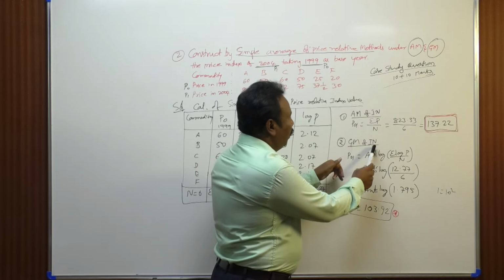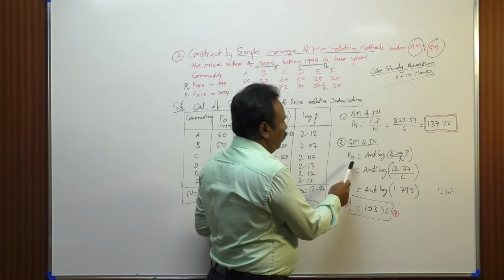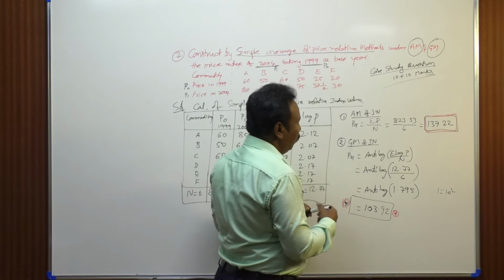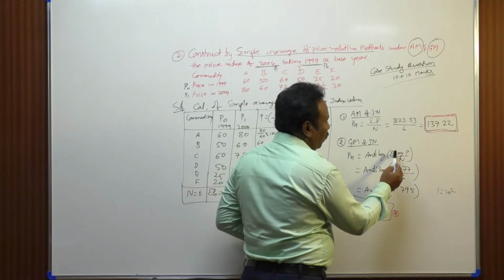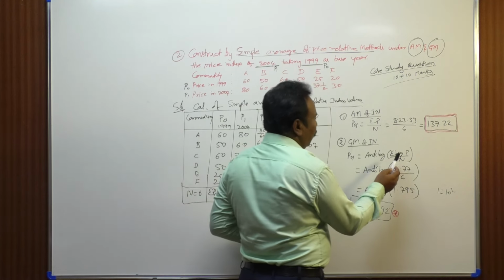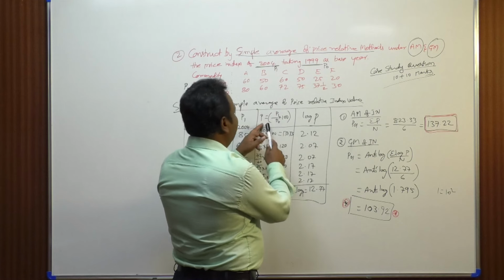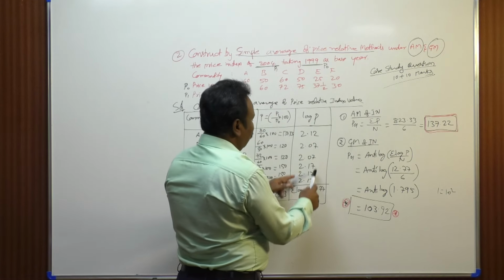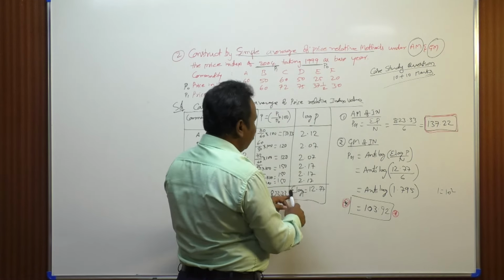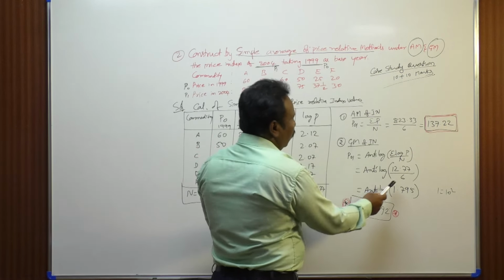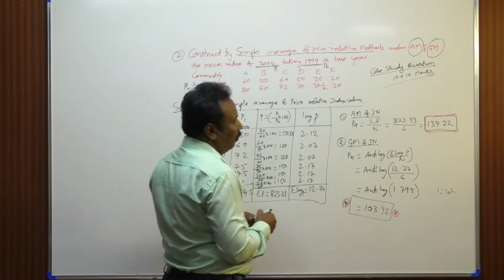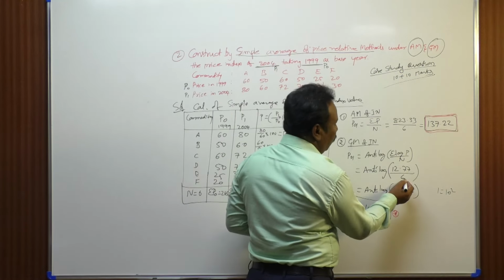So, the geometric mean of index number. The formula is P01 equals antilog of summation of log P divided by n. Log P is calculated for individual prices, then the summation of log P is 12.77 divided by n, where n is the number of commodities, which is 6.